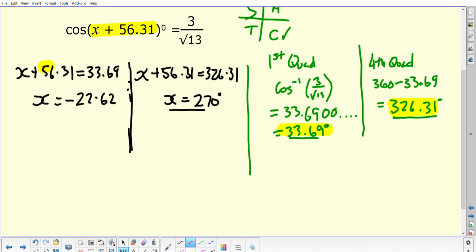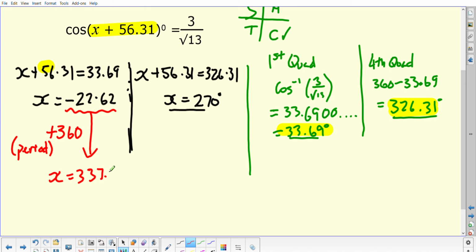So here, because this is outside the interval, you can still find the next one along, the next wave cycle along, by adding on the period. So the period for a cos graph is 360, so we add on that 360, and we will get the value of x equals 337.38, and of course that is within the interval that we're looking for.